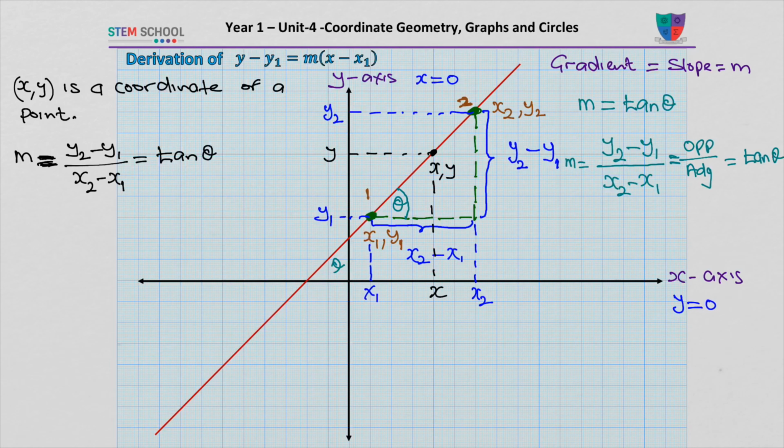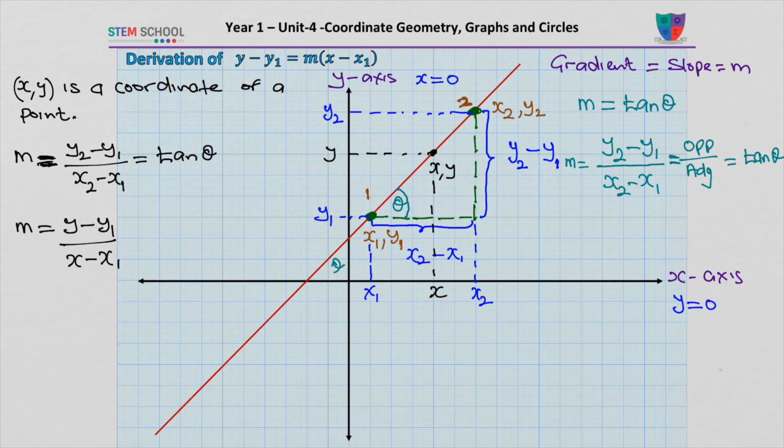You can see that y is greater than y1. So now I'm going to write my gradient between these 2 points because they all have the same gradient. So my gradient will be m equals y minus y1 over x minus x1.